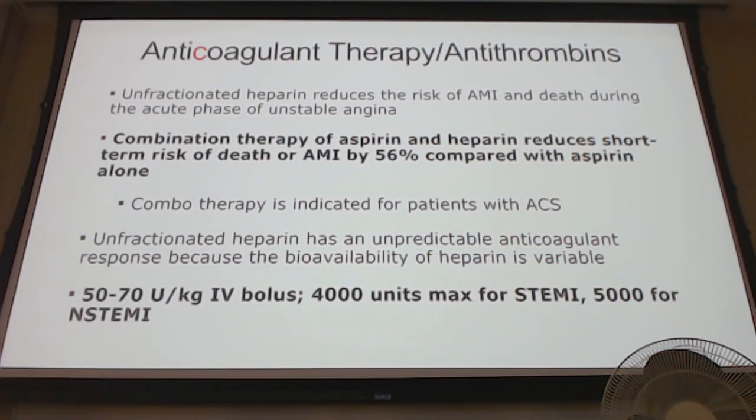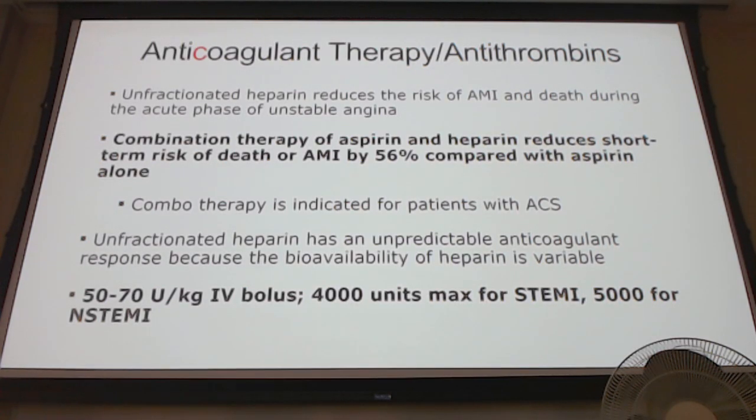And then we have our anticoagulants. These are important. They reduce the risk of death or progressing to myocardial infarction. They help in the acute phase of unstable angina. And in combination, with your antiplatelet and your anticoagulant, it reduces that short-term risk compared to aspirin alone.